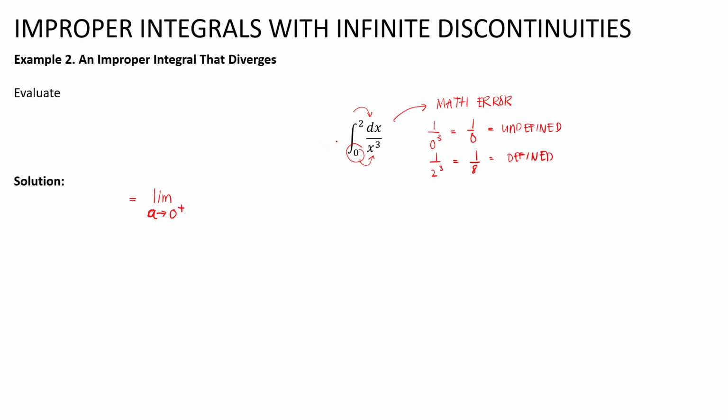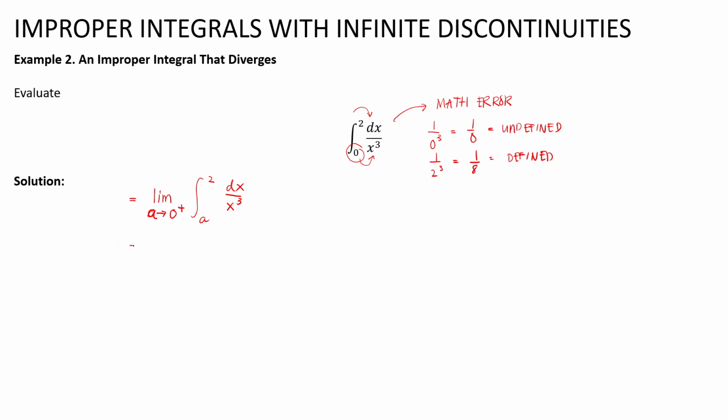It's not 0 minus because we are on the lower limit, so we are going towards the upper limit 2. That's why it's 0 plus, the right-hand limit of 0. So this gives us the integral from a to 2 of dx over x cubed.